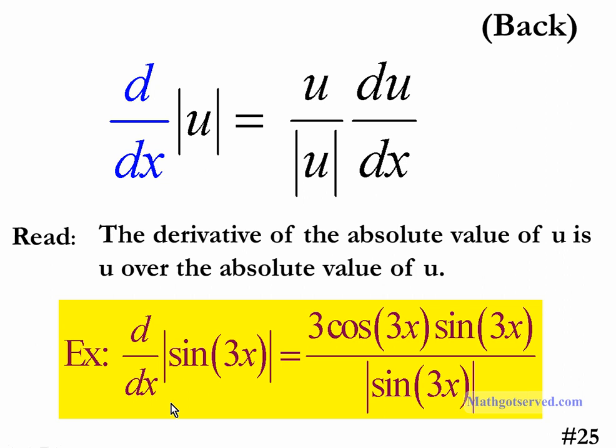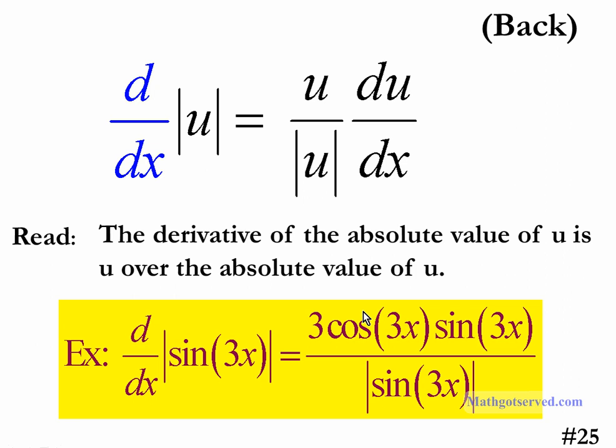Now to differentiate sine 3x, that's also a composite function. U is going to be 3x. So the derivative of sine 3x is going to be the derivative of sine u. The derivative of sine, we know, is cosine. So it's going to be cosine u times the derivative of u. U is 3x. The derivative of 3x is 3.